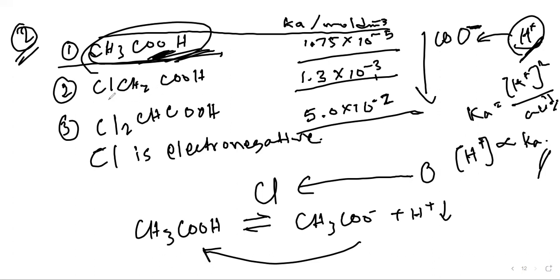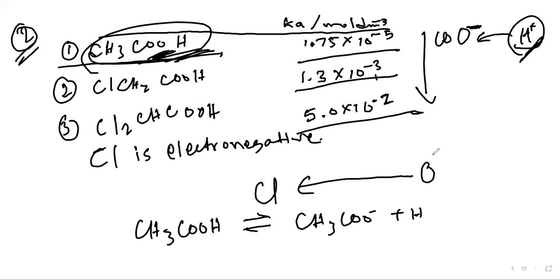Now, there is the atom Cl included in the molecule. Chlorine is electronegative, as I mentioned. So chlorine is going to pull the electron from oxygen toward itself. So oxygen will have less electron force.